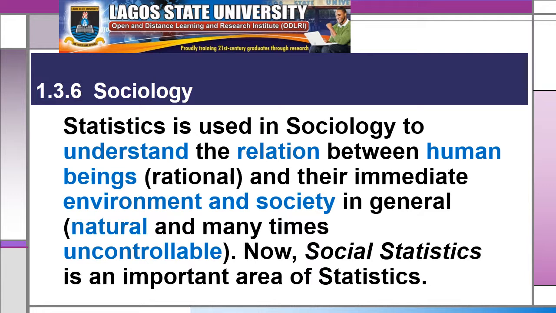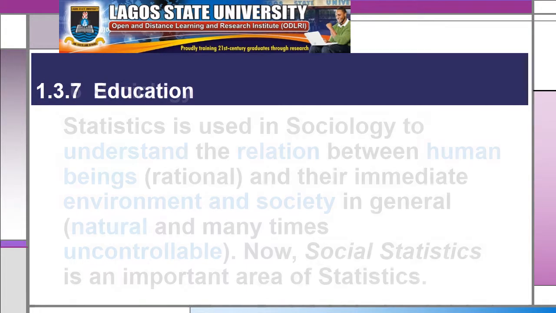Of course, we know that human beings are rational, whereas the environment in which human beings reside is majorly uncontrollable. Social statistics is also a very important field of statistics.